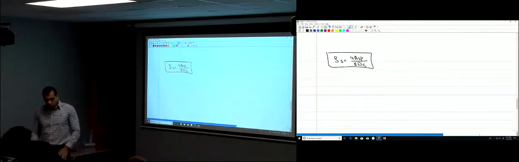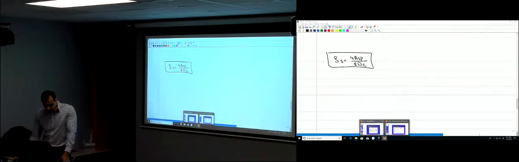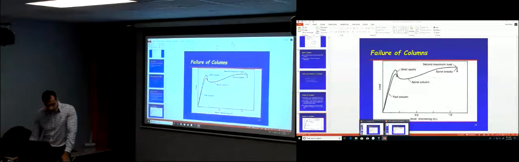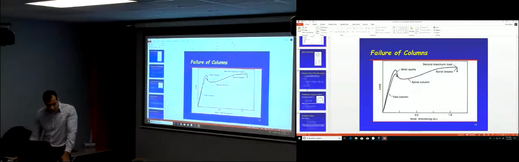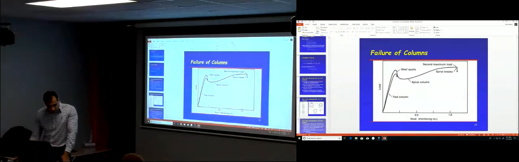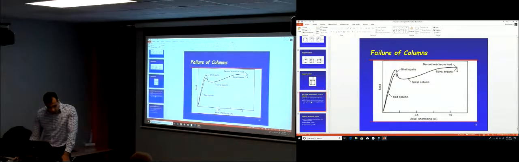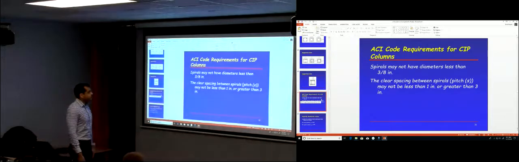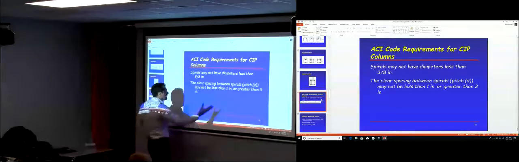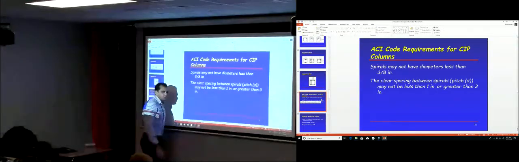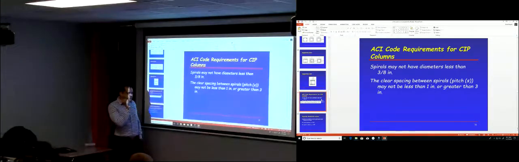There are some requirements that I'm going to go through in the slides. Once you design those spirals, the spiral diameters cannot be less than number 3. You cannot use less than number 3 bars for the spirals.